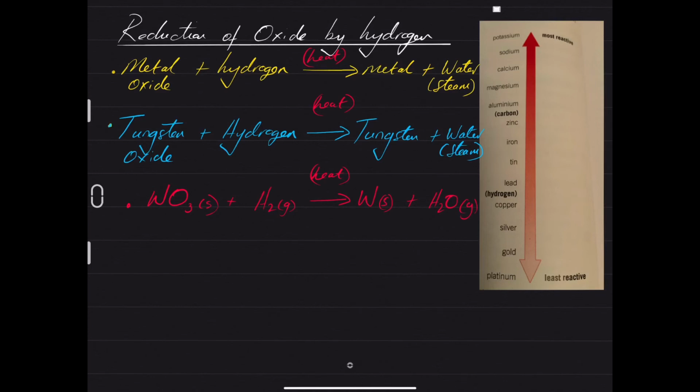So what I want you to do is balance the equation below. With tungsten and hydrogen, what do we get when reacted under the condition of heat? Just pause the video here and see if you can balance this equation.